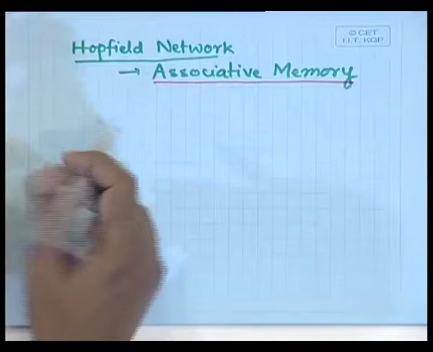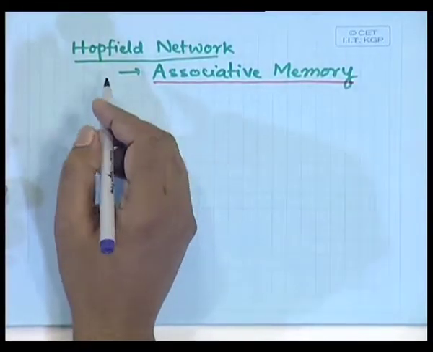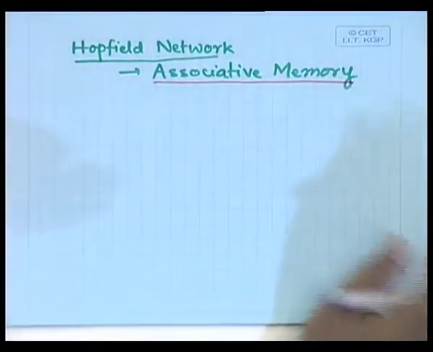So, here we assume that the pattern vectors or feature vectors that we have are binary feature vectors. Normally by binary we mean the different feature components will be zeros and ones.